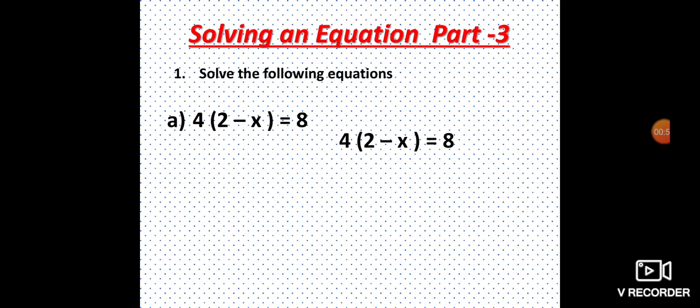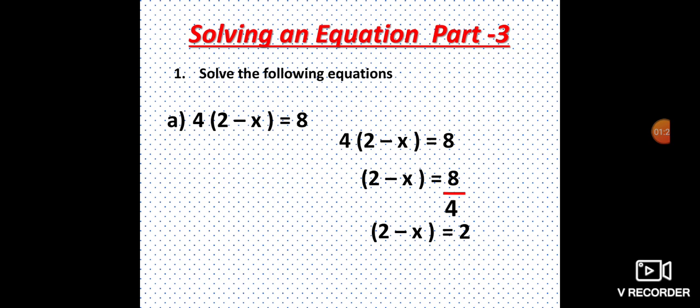First we transpose 4. 4 into 2 minus x, that is multiplied by 4. First we transpose multiplied by 4, then it becomes divided by 4 like this. 2 minus x equal to 8 divided by 4, which is 2.